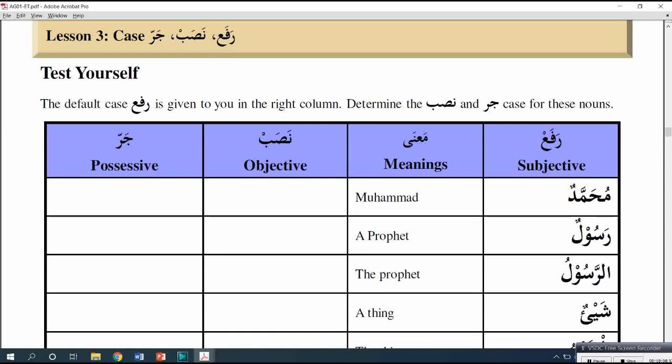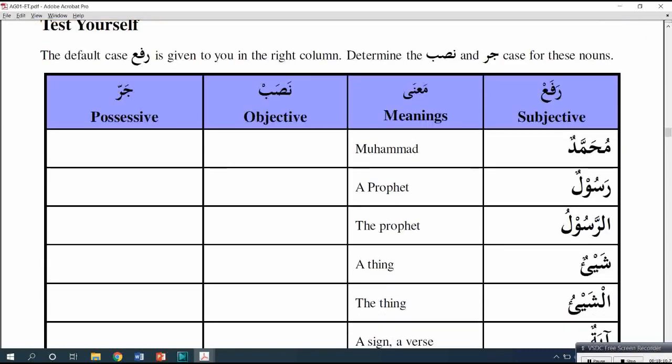I will share some examples like Ar-Rasul. Al means a special prophet. If it is Ar-Rasula, it means you are giving some action to the prophet. For example, you are making a request to the prophet, some special prophet you are talking about, which means you are requesting him something.